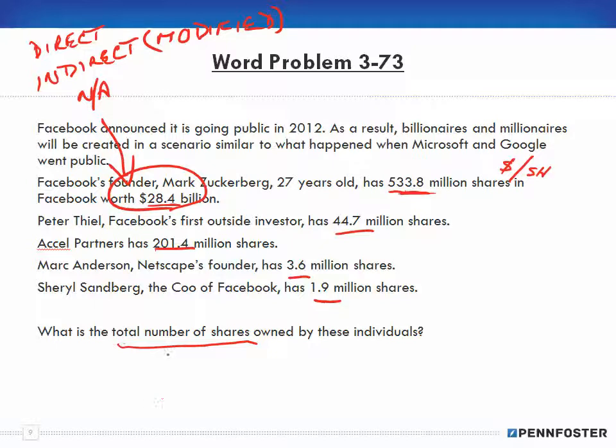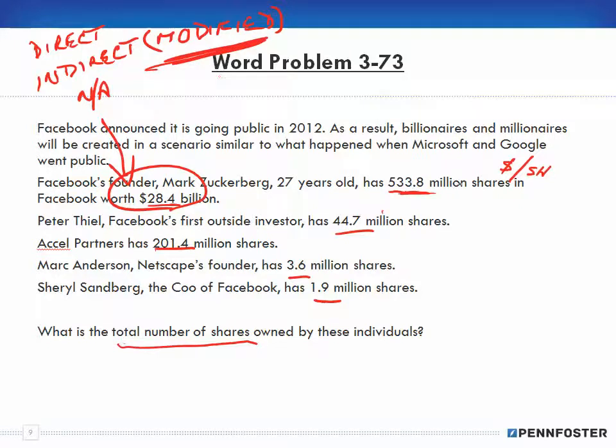Now, if the question had said, what is the total valuation? Then the 28.4 billion becomes applicable, and all of the rest of these numbers of shares I have to modify.